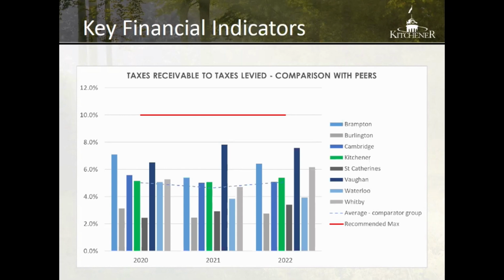That could be due to a number of different factors, including economic factors resulting in difficulty of taxpayers paying their tax balances. Staff continue to monitor the ratio, but as noted in the presentation, we are below the low-risk thresholds as set out by the ministry, and so we'll continue to monitor it.